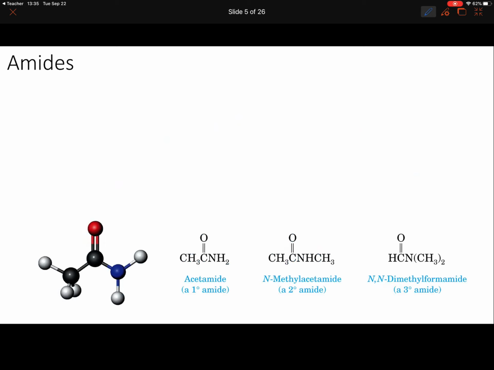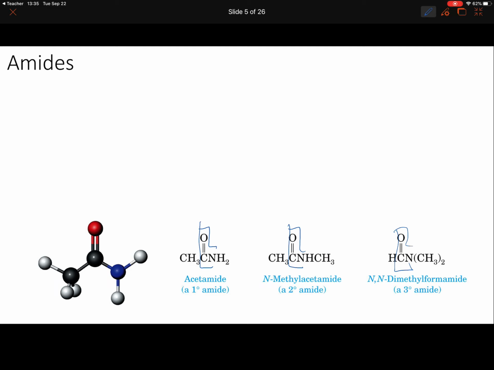Okay, functional group of an amide. Again, carbonyl group, this time bonded to a nitrogen atom. Now, to name an amide, we drop the suffix oic acid from whatever the IUPAC name was, or ic acid if it was a common name, because we can start with both common names or IUPAC names.